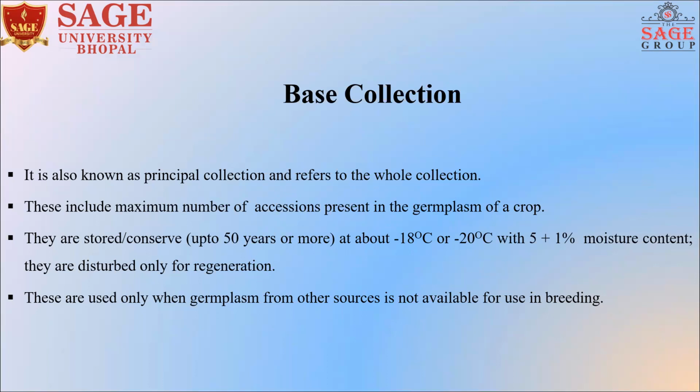It is disturbed only when required for regeneration, and is used only when germplasm from other sources is not available for breeding. So in fewer cases, the base collection is required for breeding purposes.